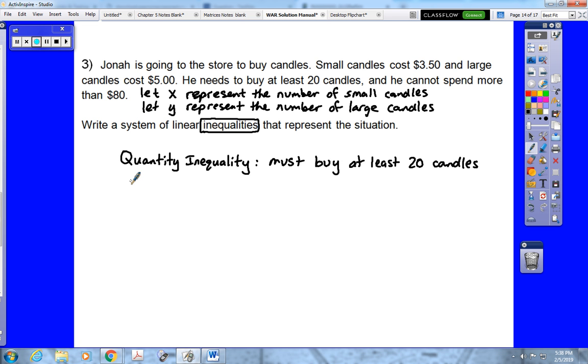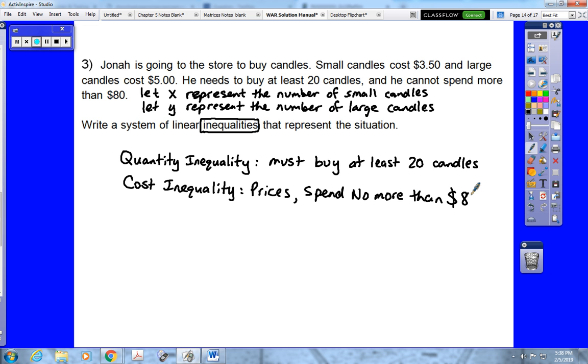And we have a cost or value inequality, which deals with the prices and spend no more than $80. Okay? So that's two different sections of the word problem.